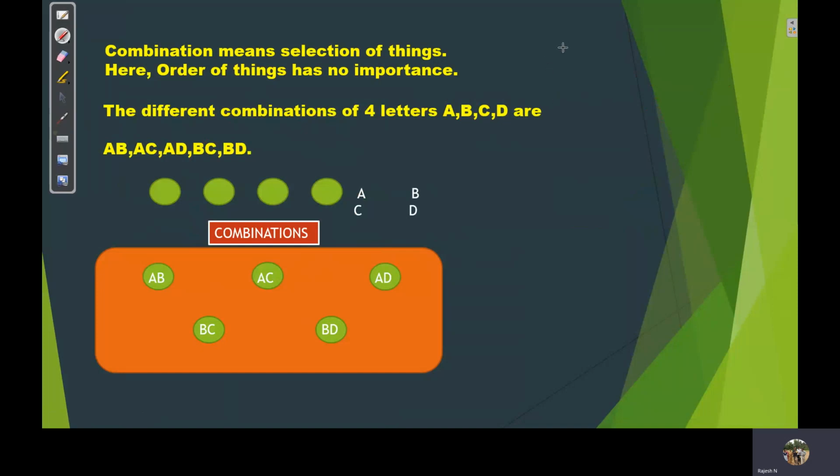Always remember, combination is selection and permutation is arrangement. The different combinations of four letters A, B, C, D are AB, AC, AD, BC, BD.